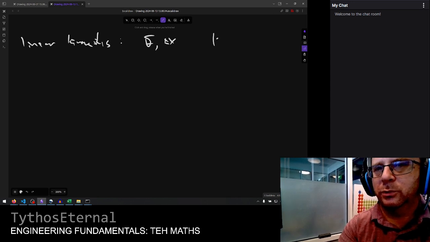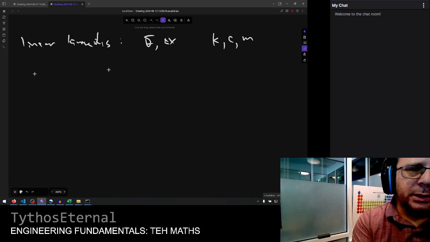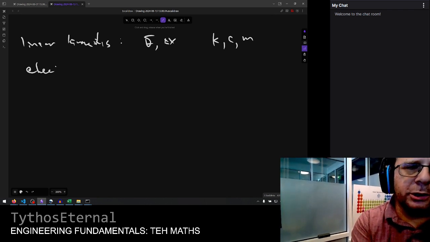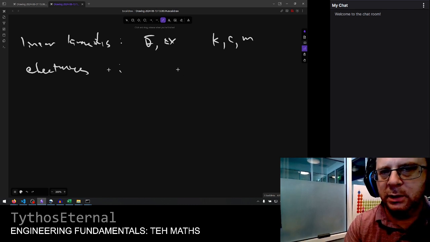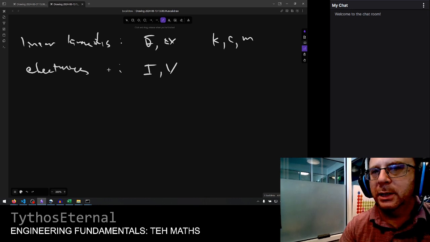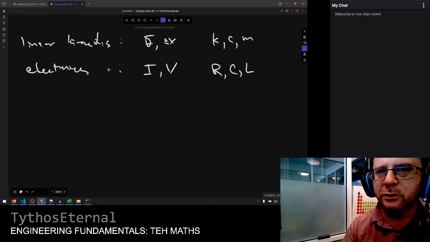First order was spring constants, second order energy loss, damping, and mass, 1 over m, right? In electronics, we have current and voltage, and then we have resistance, we have capacitance, and we have inductance.